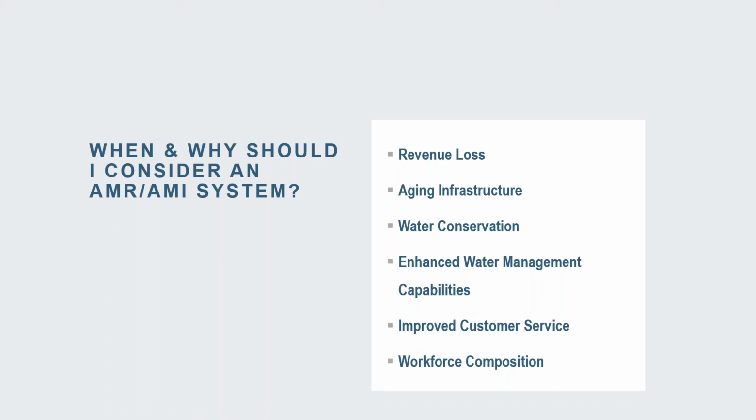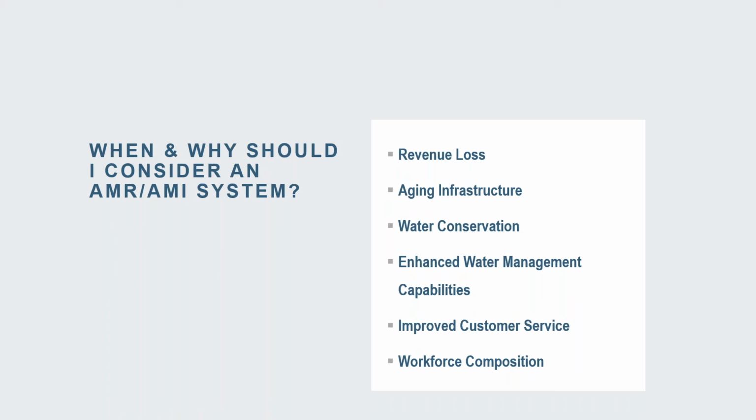Enhanced water management. This typically is the driving factor that can be used to identify which meter reading system would be a better fit for a utility. Those utilities that are only interested in reducing time associated with meter readings and would like the added benefit of monthly meter alerts, these are the folks that should consider an AMR system.